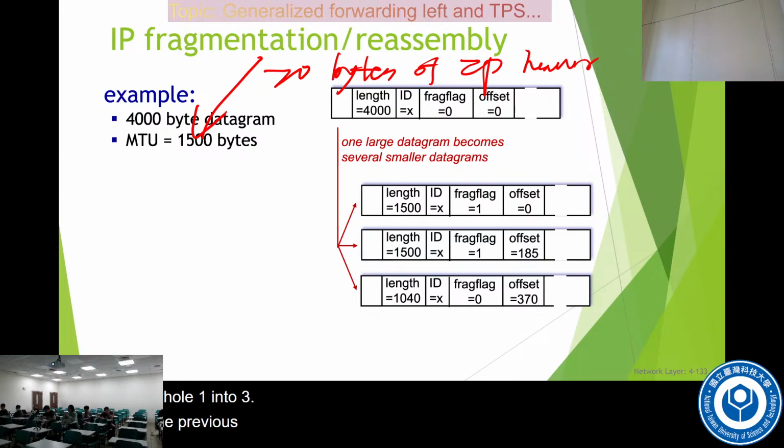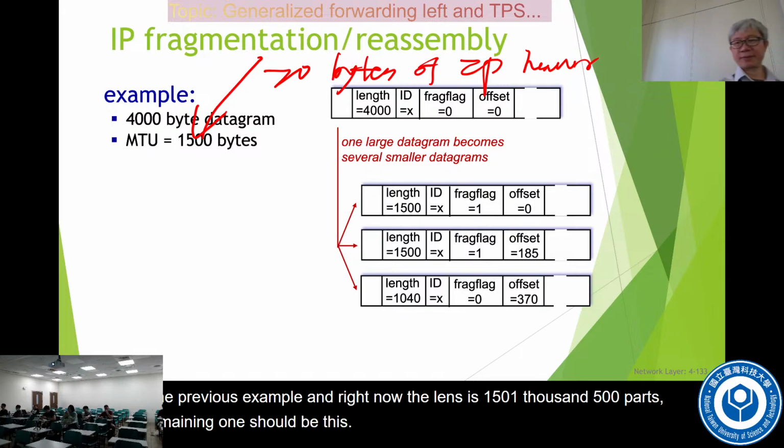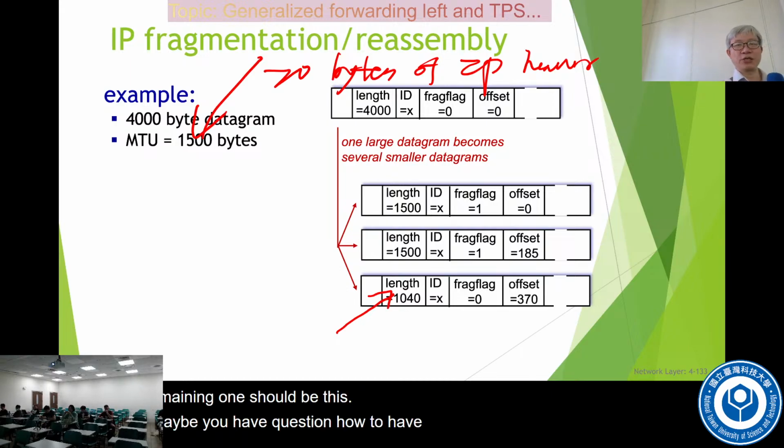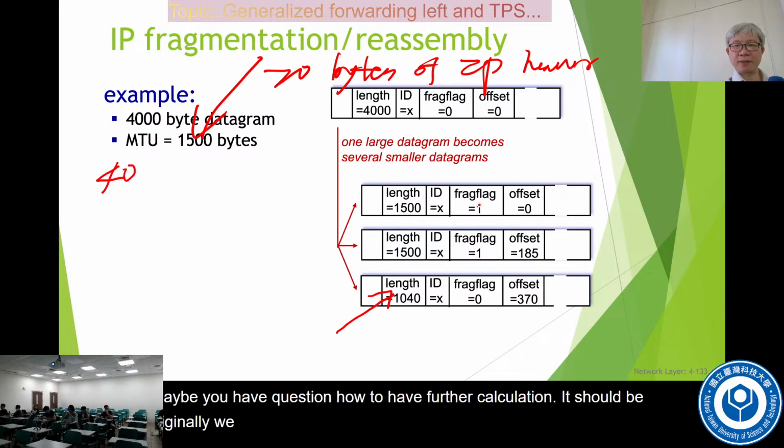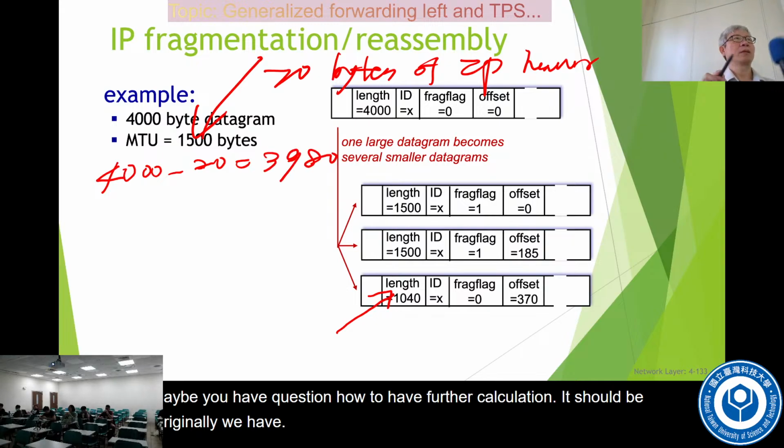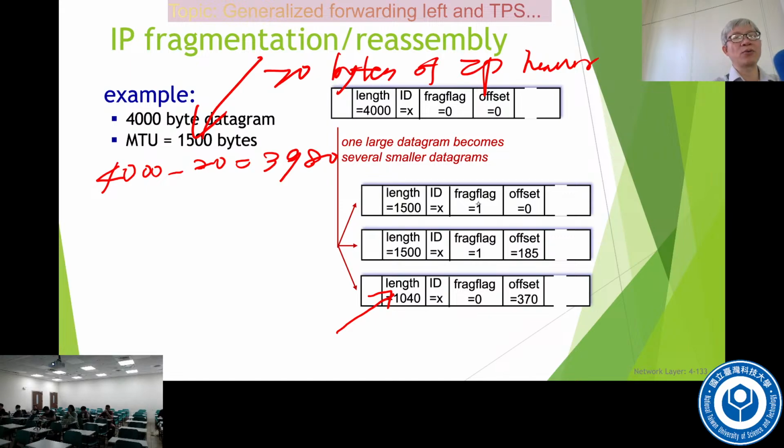And right now the length is 1,500, but the remaining one should be this. And maybe you have a question, how to do the calculation. It should be this. Originally we have, all right, so this is the payload.